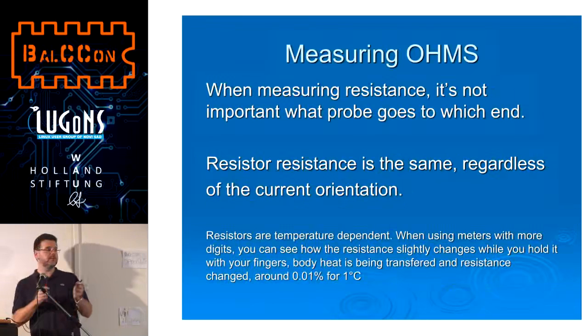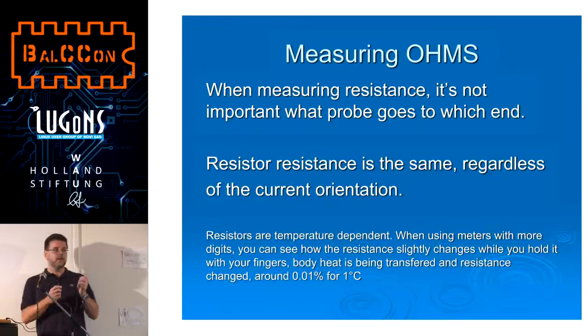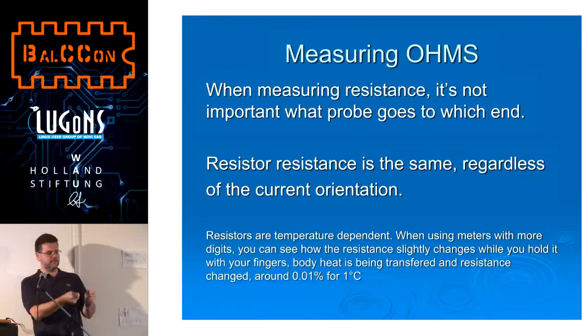Also, it doesn't matter the orientation of the probes when measuring resistance, but what is important: you can take a resistor, measure it, and this is the usual way to measure a resistor. Put your fingers on there. You can't hurt yourself, but your body resistance will go in parallel to the resistor.